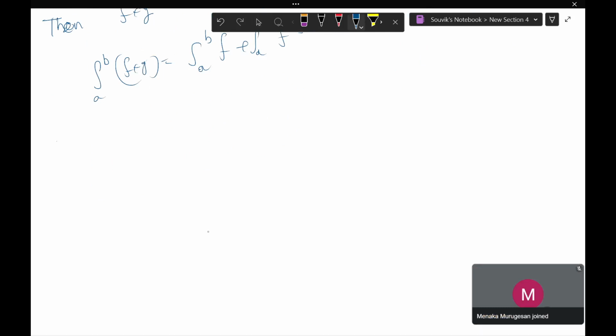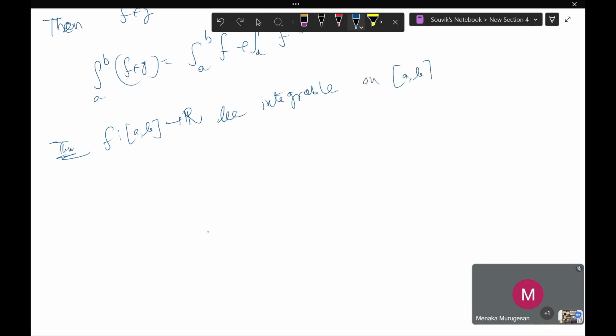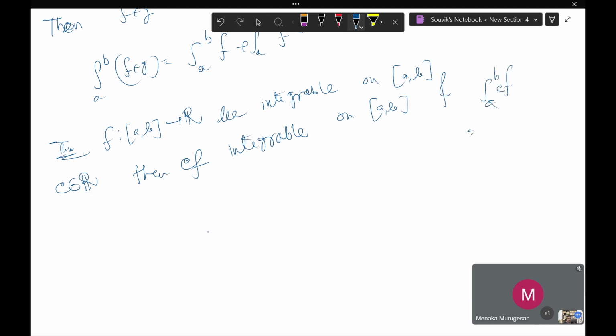And the next theorem is that if f is integrable on [a, b] and c belongs to R, then cf is integrable on [a, b], and the integral from a to b of cf is equal to c times the integral from a to b of f.